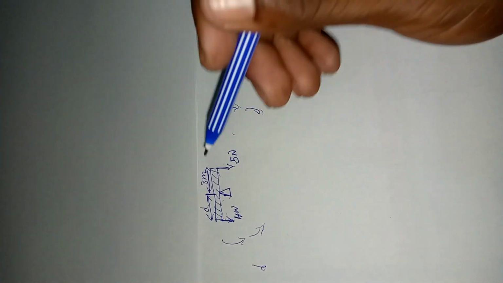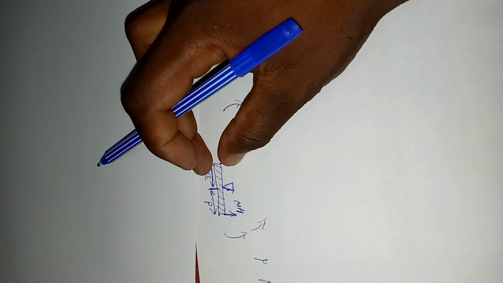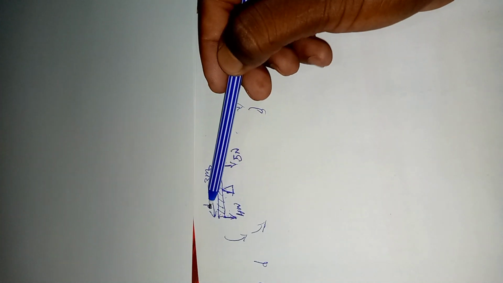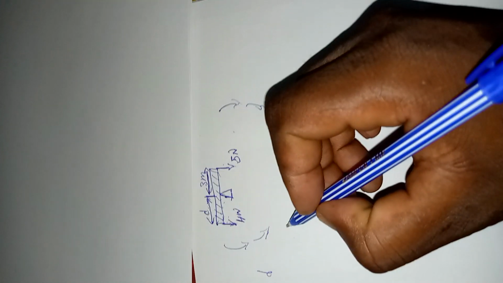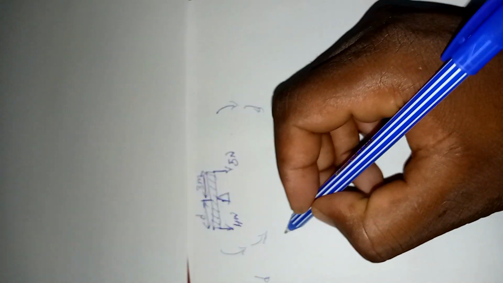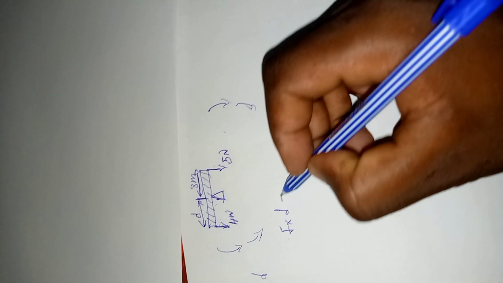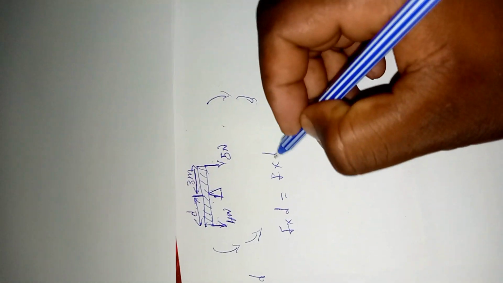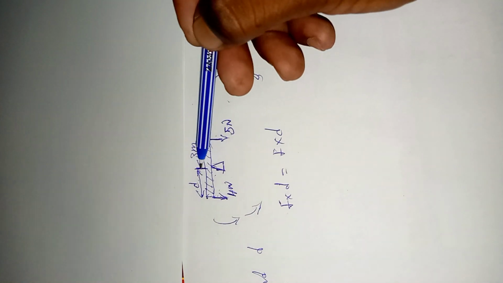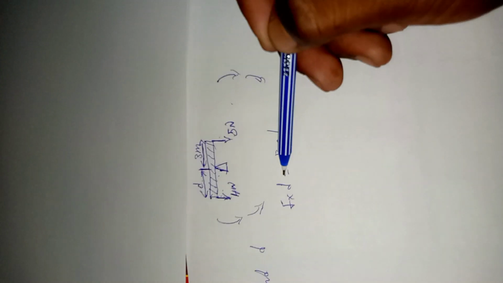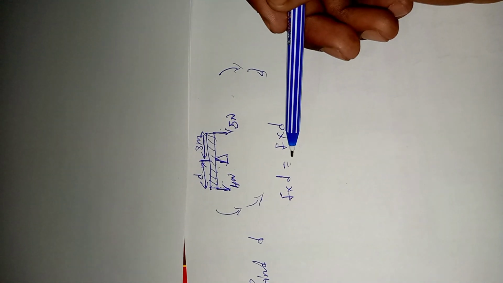And from there, you know to say, we have this force and its distance, and we also have this force and its distance. So we'll use the same formula to find moment. So say force times distance is equal to force times distance. Where the pivot is, put it as the equal sign.